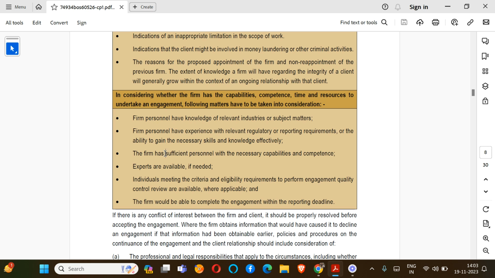Then you also need to have sufficient personnel. Think about this: if there is a 4-member CA firm with, let's say, 2 partners and just 2 interns, then what do you suggest? Should they go forward with auditing a proper listed entity which has different branches all over, let's say, India? No, I would not suggest that.